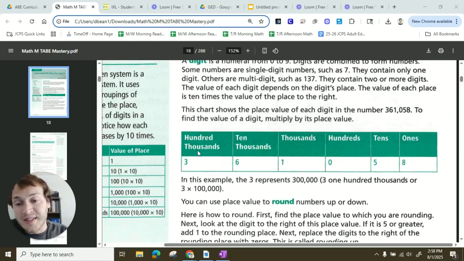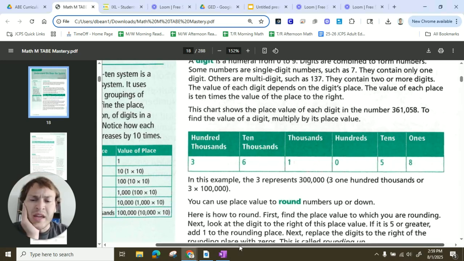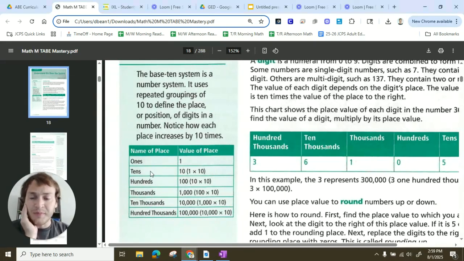All right, so if you add up all these things together, 300,000 plus 60,000 plus 1,000 plus 0 hundreds plus 50 plus 8, that'll give you 361,058. And what I just discussed is actually represented right here. Ones just mean plain old 1. Tens look like 10. Hundreds look like 100.